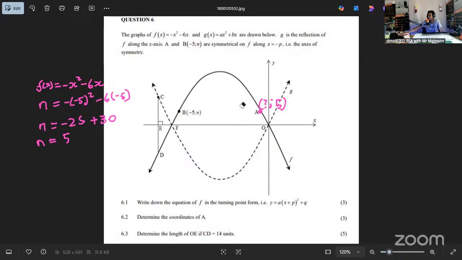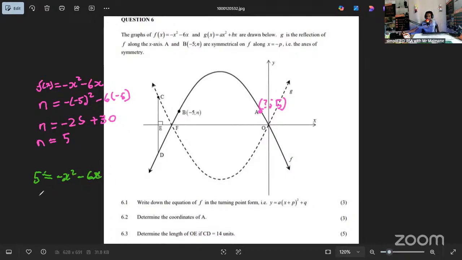And then A is 5 and something that we might not know. But we still have that equation. So we're going to use point A now because we have one value from it. From that equation for A, where there's x, I'm just going to leave it as it is because I'm solving for x. But where there's y, I'll put the value of n, which is 5. So 5 is equals to minus x squared minus 6x.